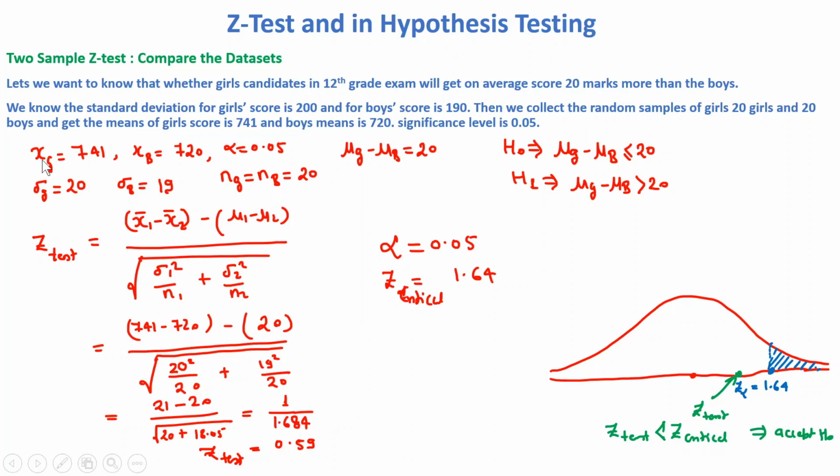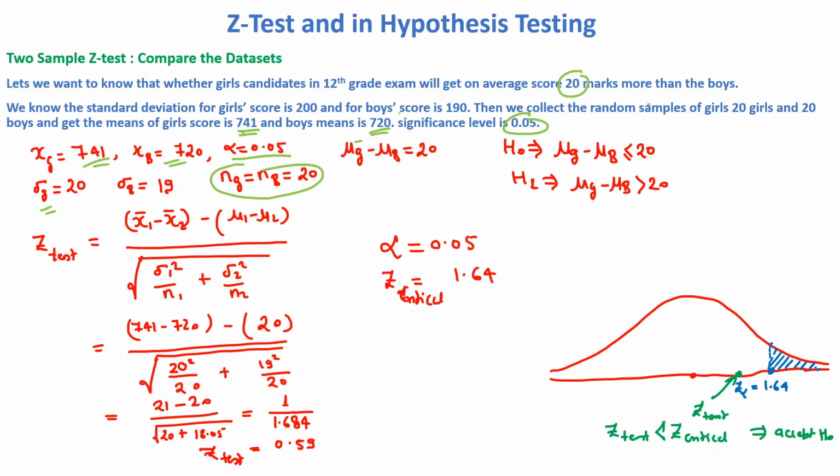So x g, it means the sample of the girls is giving sample mean 741. Okay, this is given. X boys mean is 720, this is also given. Alpha 0.05, this is also given. Now the standard deviation of the population for girls is 20, and the standard deviation of boys is 19, and the sample size for both is 20.